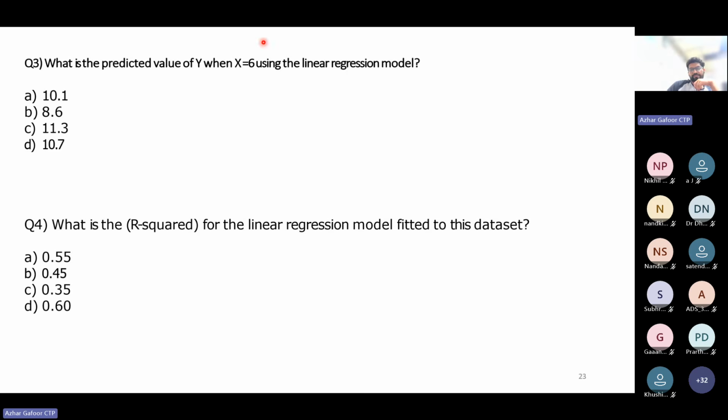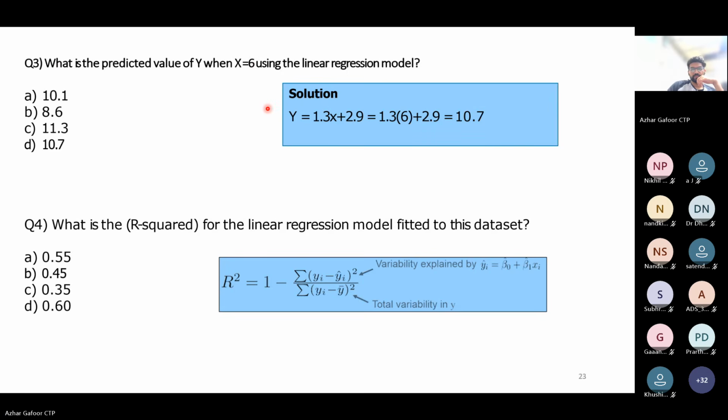Now if we use our x in the equation, we'll finally get the value of predicted y for x equal to 6. The R squared value also we know how to find, so we have to substitute that in the equation.